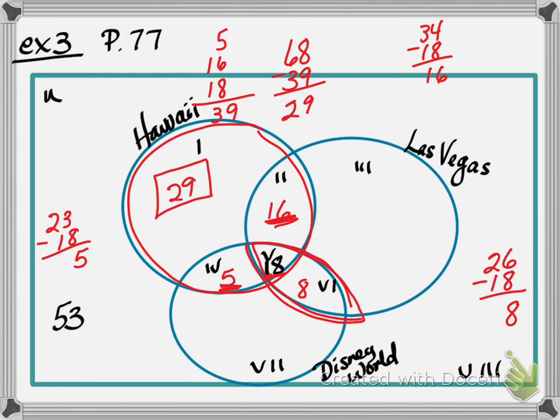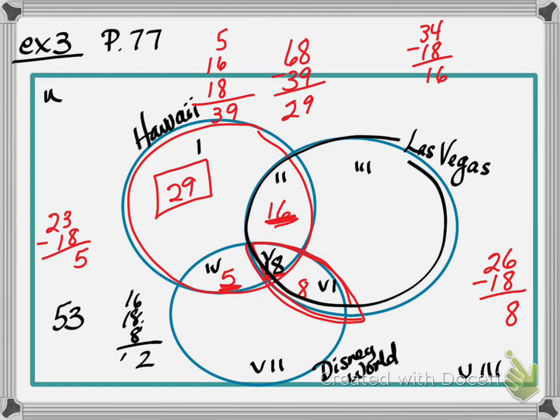Well, the Vegas circle already has 16, 18, and 8 people in it. 14, 22, 42. So we're going to add those up and then subtract to figure out there are 11 people that only wanted to go to Vegas.